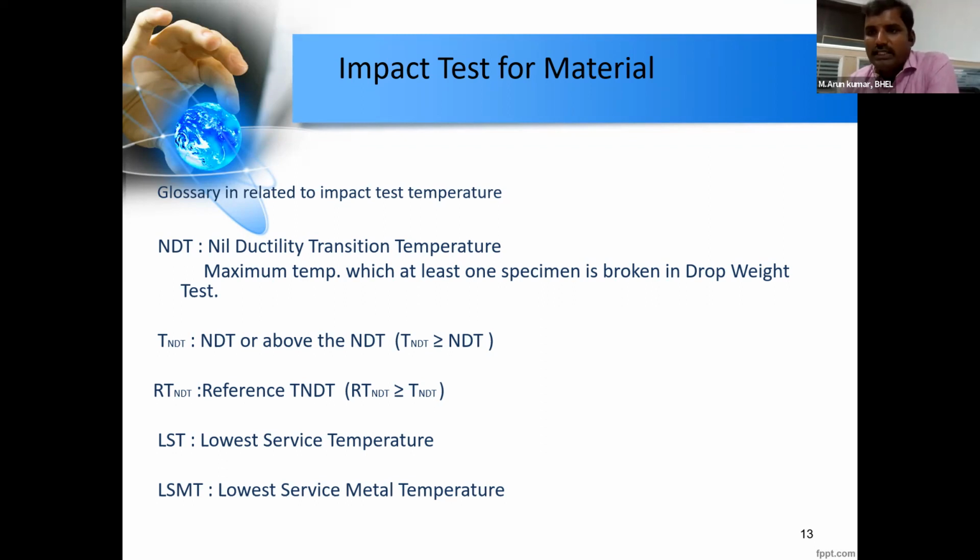Then the second point in heat treatment of the raw material: based on the P number of the material, there is a particular guidance for minimum soaking time.